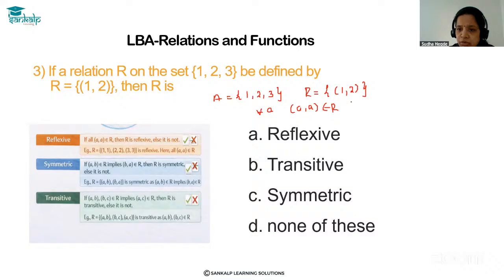So to be reflexive, (1, 1), (2, 2), (3, 3) should be there in R. But none of these three elements is in R. So (1, 1) does not belong to R, implies R is not reflexive.